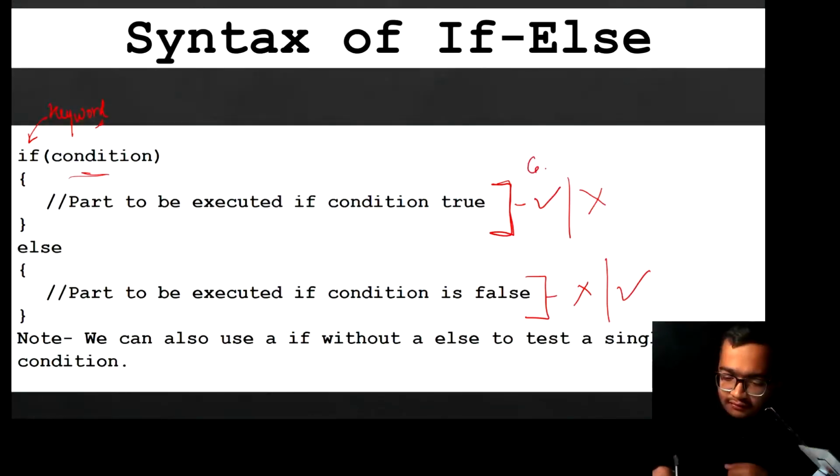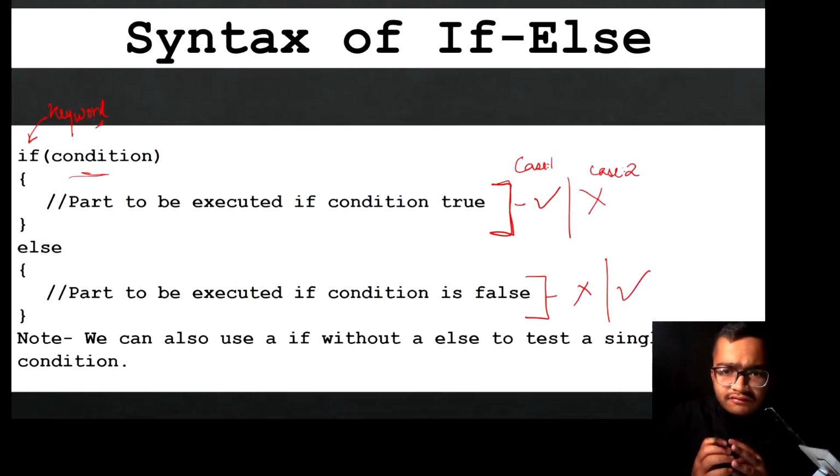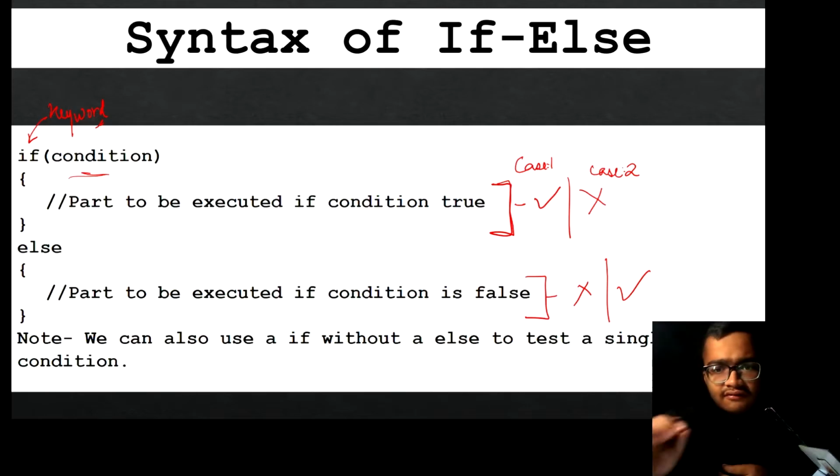So you can call it case 1, and this is case 2. That is, when if is false, the else is executed, and when the if is true, then the else is omitted. Now see, we can also use if without an else if we have to test a single condition.